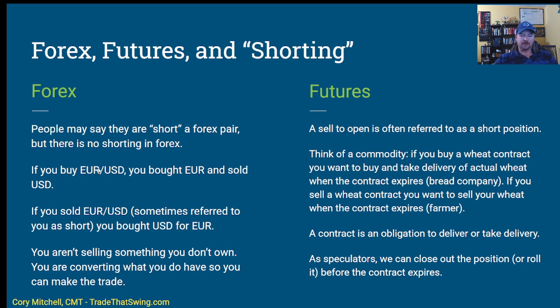So if you bought the Euro, you're buying Euro. If you sold Euro USD, you sold Euro, and you bought the second one. You aren't really selling something you don't own. You're converting what you do have to make the trade. So even if your account is in Australian dollars, you are converting that money to then buy euros.